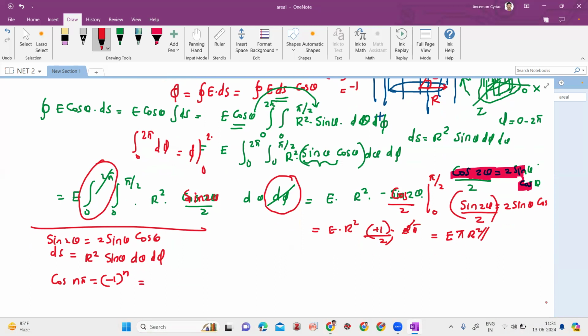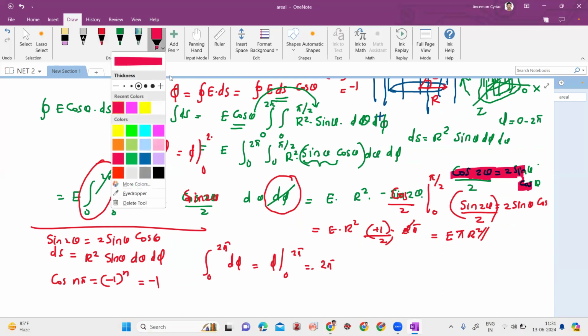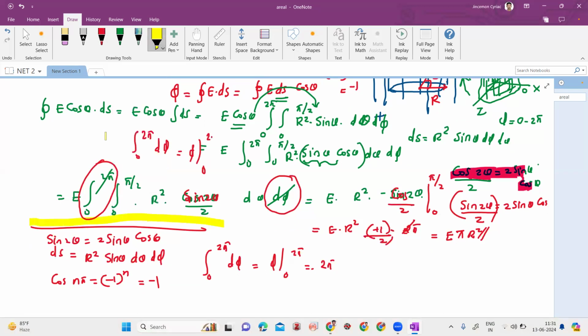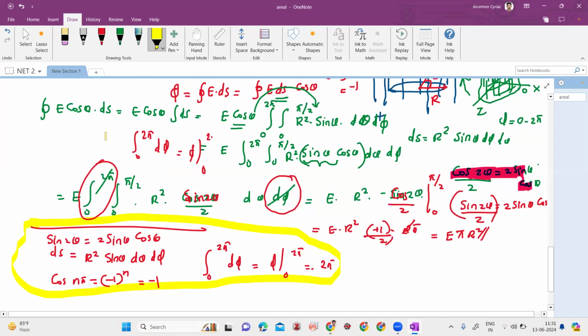The integral from 0 to 2 pi of d phi is phi from 0 to 2 pi, equal to 2 pi. We can use all these equations and substitute them to obtain the final answer. It's given in option B, that is equal to E pi r square. Okay, thank you.